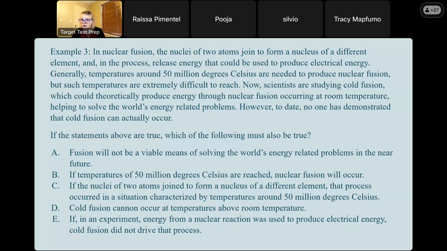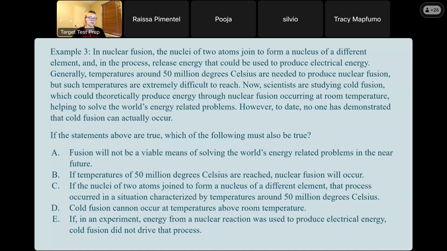I have an issue with E. If in an experiment, energy from a nuclear reaction was used to produce electrical energy, cold fusion did not drive that process. So that's a good question, Matzi. Here's the deal. The passage has to be encapsulated to a degree.